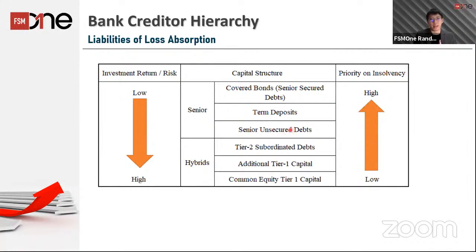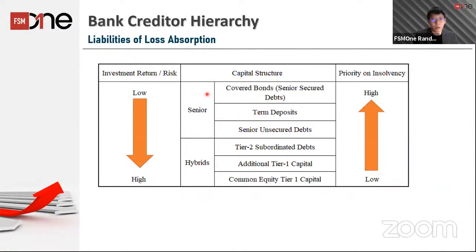Meaning, when the issuer faces a liquidity crisis or financial difficulties, there is also a ranking of repayment, the priority of payment in the event of liquidation. You can take it as similar to bond seniority.